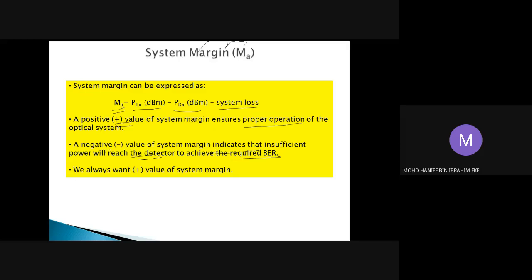So in the case of a negative system margin, the system cannot work properly and we have to redesign the optical system. You have to ensure that your system margin is always positive so that the system will work properly. That's why I mentioned here that in our system design, you always want a positive value of system margin.